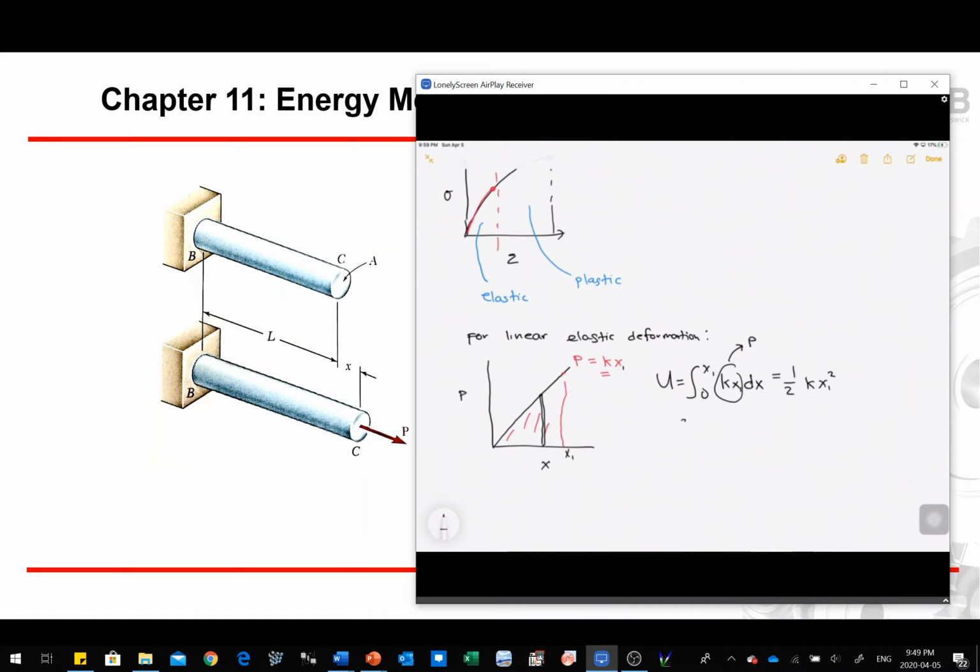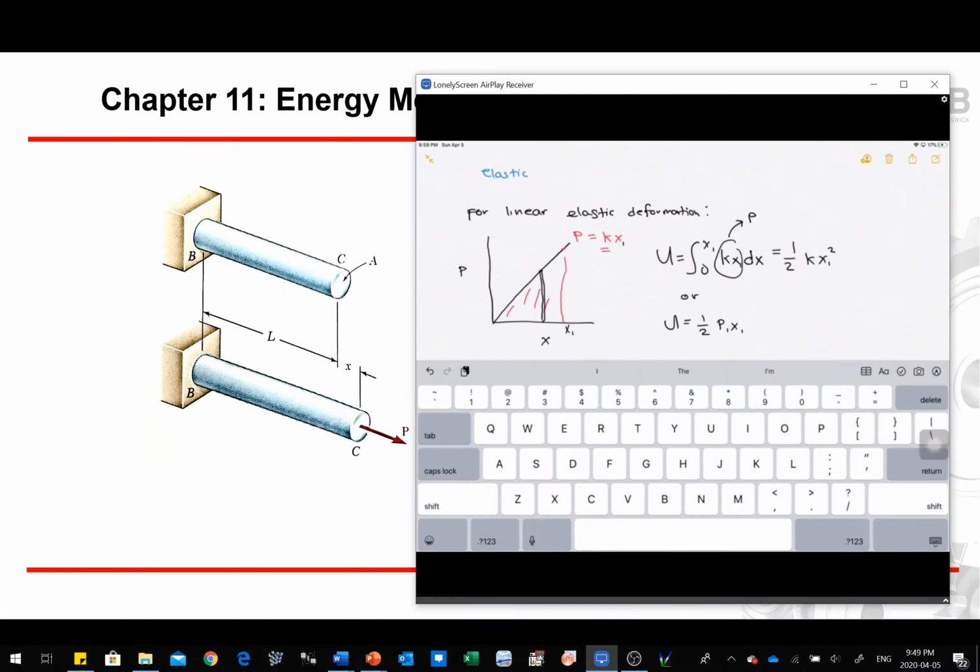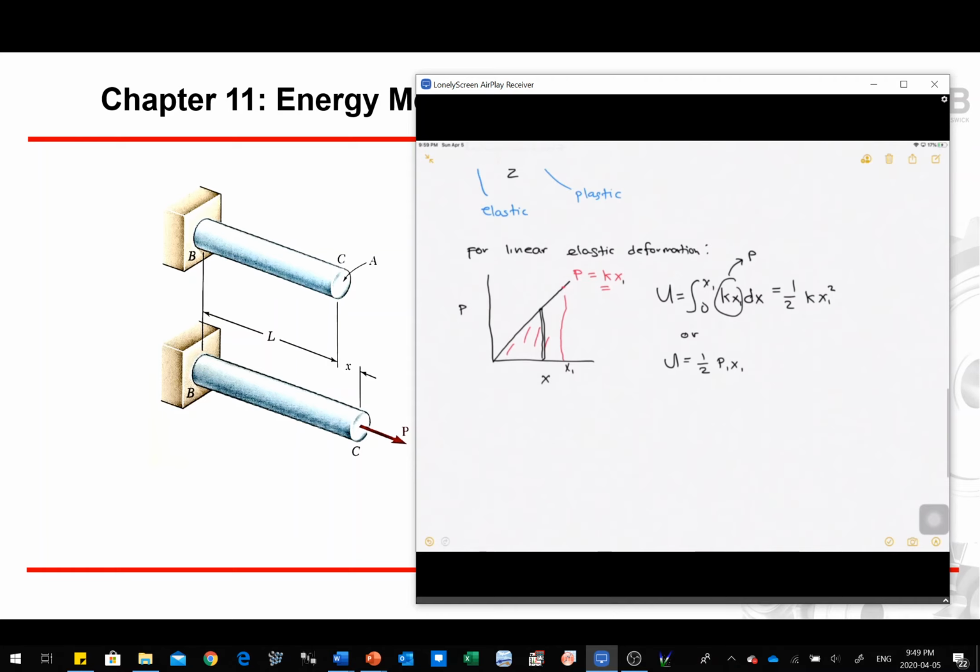Now, we can also say that our U is equal to 1/2 P1 x1, and that's since K is equal to P over x, again, just going back to that equation there. So we have this equation if we maintained our force in the elastic region.